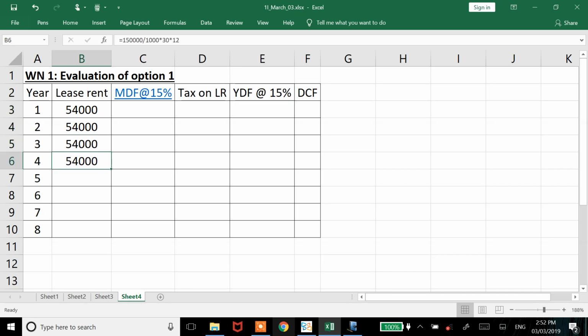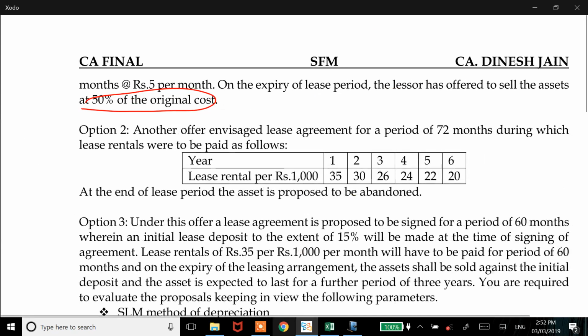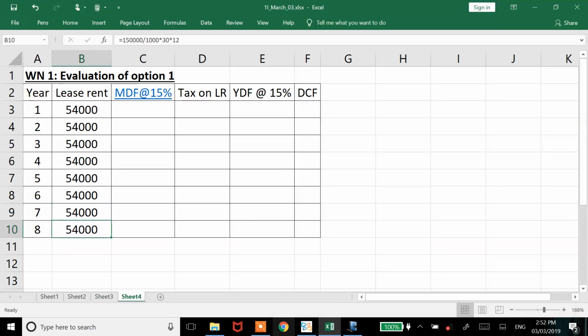This will happen for 6 years, and the last 2 years is only 5 rupees.